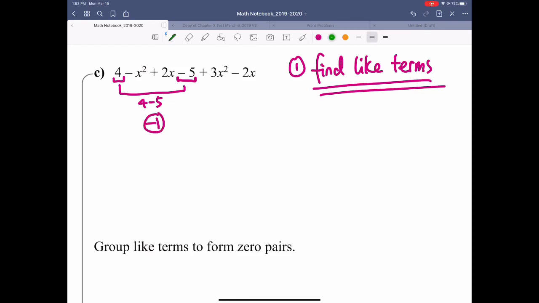Okay, and then I have this term here, negative x squared or minus x squared. Is there any x squared term here? There we go. Okay, so what if we combine those terms? Negative x squared plus 3x squared. That basically means it's the minus a plus b format, equals b minus a, right?